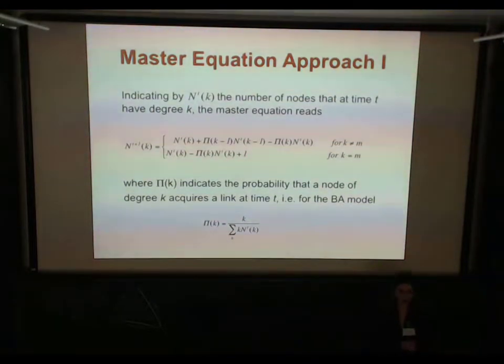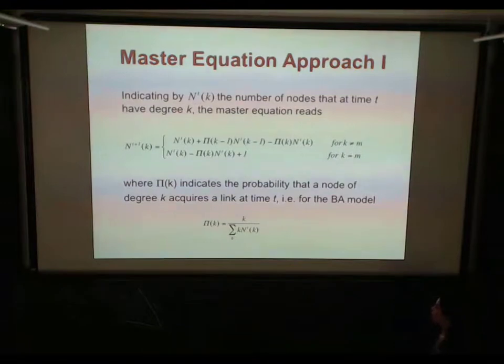It can be studied using the master equation approach, which is a very widely used technique, but there is a little twist for the solution of this problem, because this is a growing network model. So the stationary state should be taken with a bit more care. You write this master equation, which is a difference equation for the number of nodes that at time t have k links.